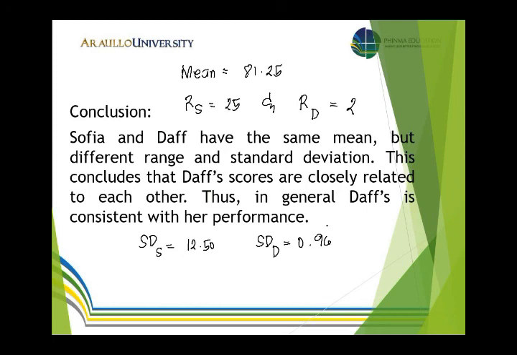Thus, in general, Daphne is consistent with her performance. Kasi nga, yung standard deviation niya is mas maliit kesa kay Sophia. Okay. So mas greater yung standard deviation ni Sophia kaysa kay Daphne.